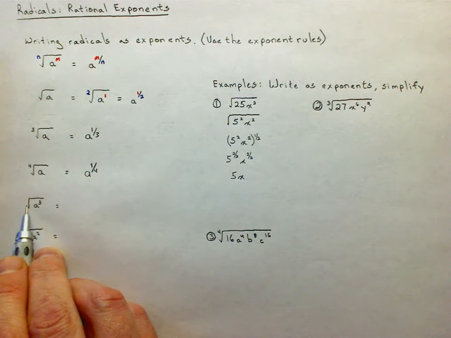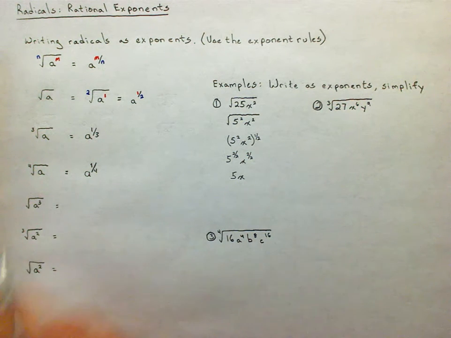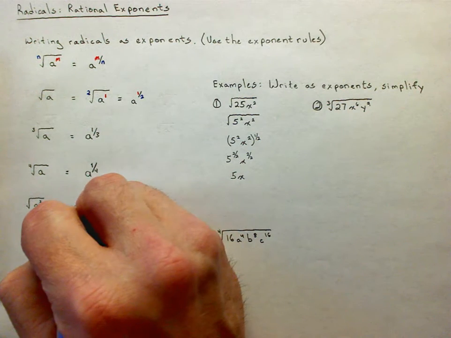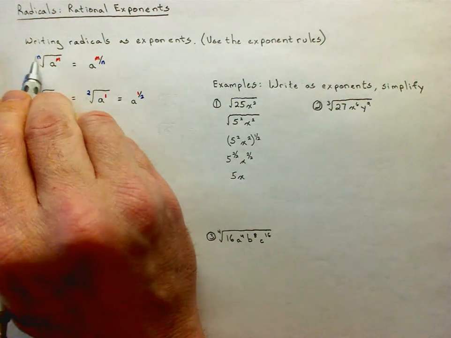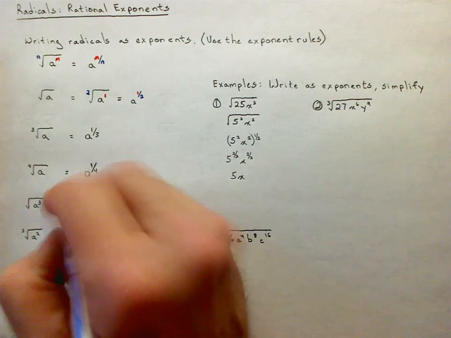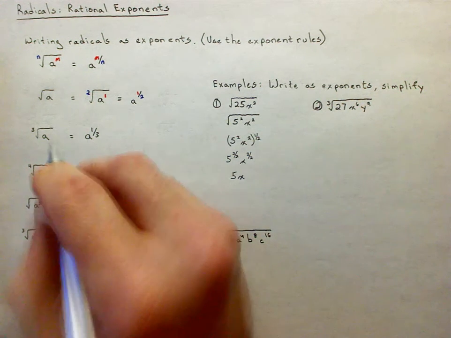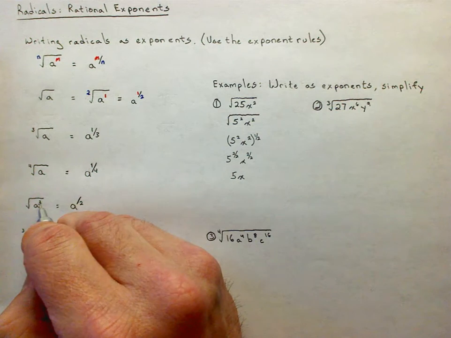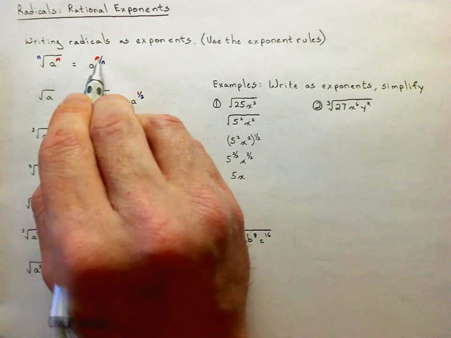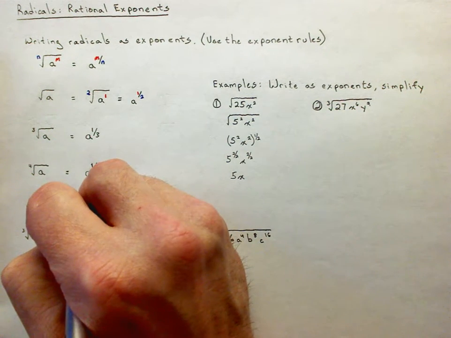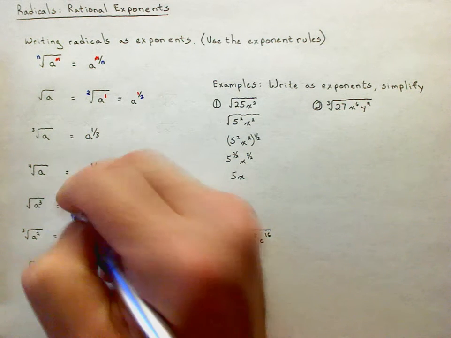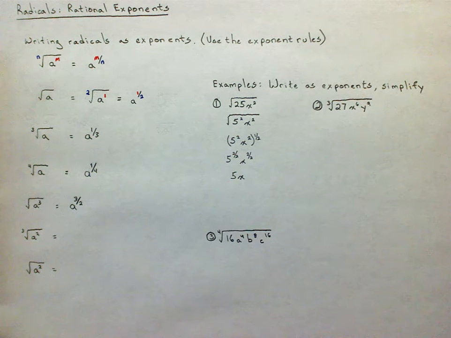Here I have the square root of a cubed. My root index n is the denominator of that rational exponent, so that's going to be 2. And then the power of the radicand is cubed. It's going to be my numerator. So 3/2 for that one.